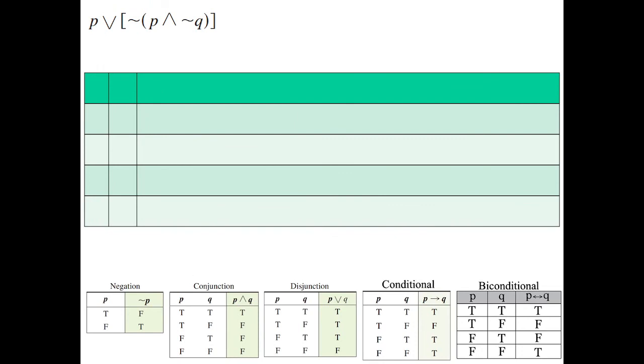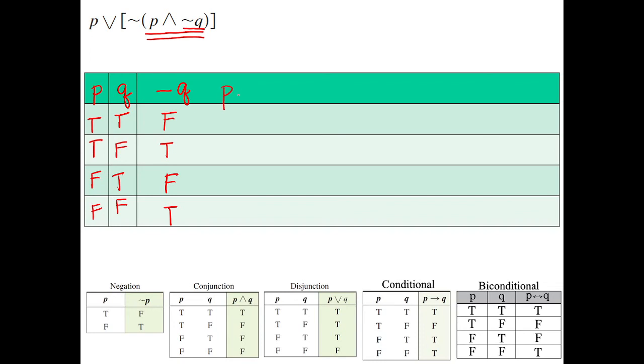I will write P first, then Q. Let's have true, true, false, false for P and true, false, true, false for Q. The technique is to start with the innermost parenthesis, so I start with not Q. I take the opposite of Q. This will become false, true, false, true.